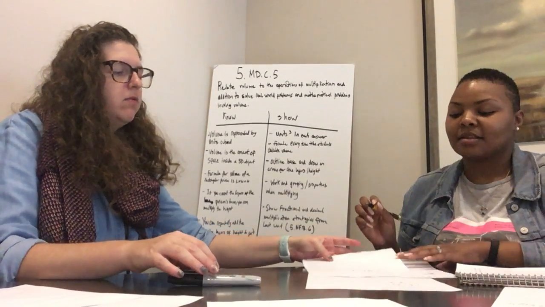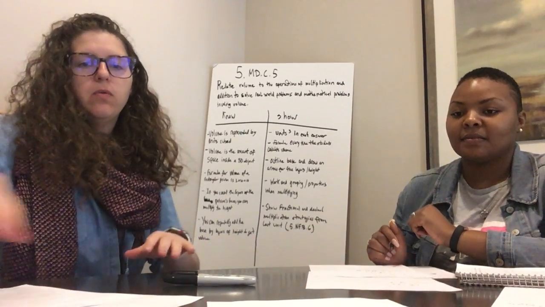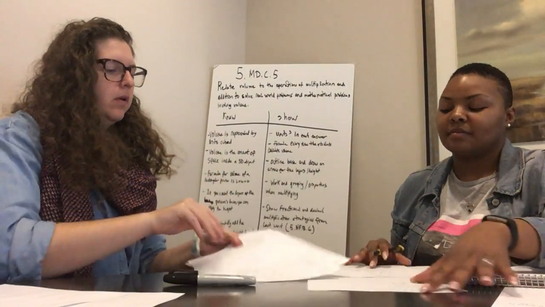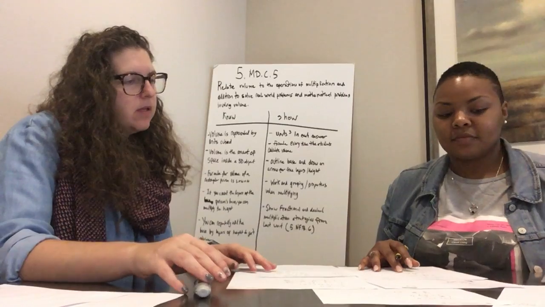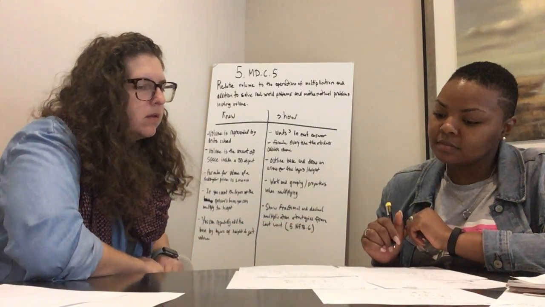Great. So now let's look at the high student work compared to the middle student work. We have Justin and Akeem here. What are the biggest differences you realize between the high students and the middle students?